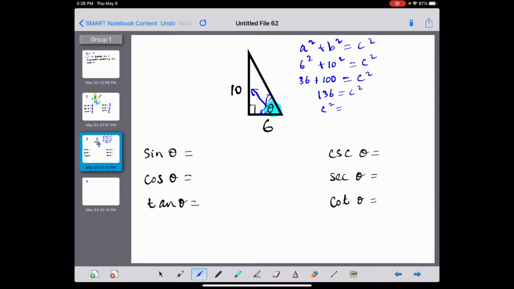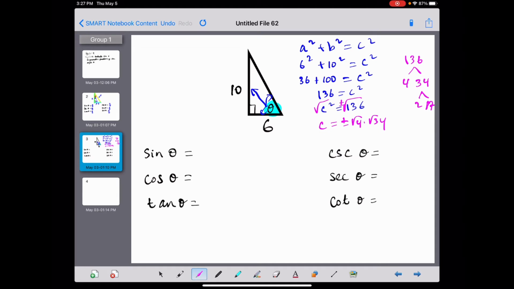I'll flip this around. Then to get c squared by itself, we're going to take the square root of the left and the right. Don't forget the plus or minus. The square root of c squared is c, and then we have plus or minus the square root of 136. Let's break this down. That's 4 and 34, and then 34 is 2 and 17.